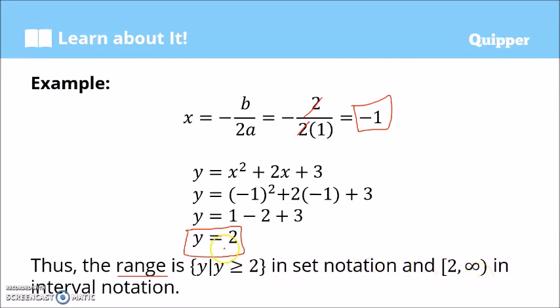So, in this case, kasi yung y natin is greater than or equal to 2, meaning si 2, kasali si 2 kasi may equal. So, bracket yan. And then, comma. And then, positive infinity. Kapag infinity naman, parentheses yan. Positive infinity. So, that's in the interval notation.